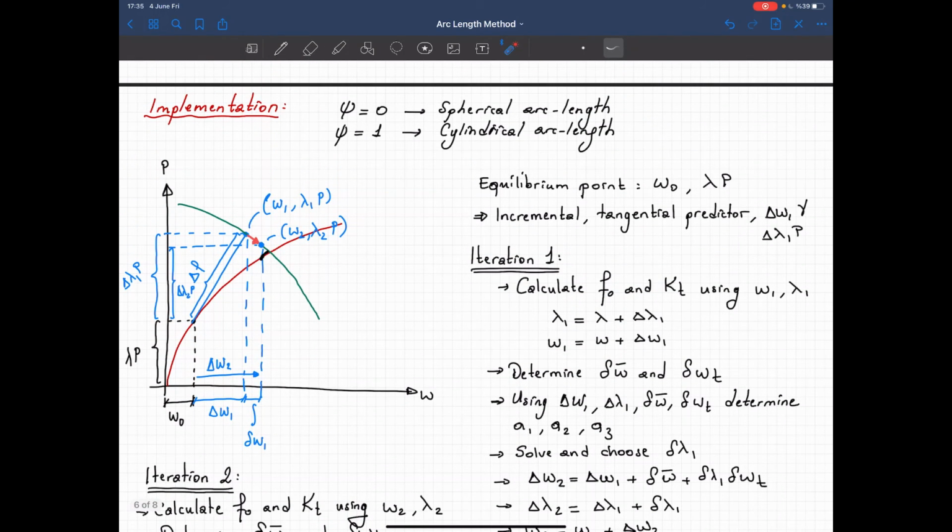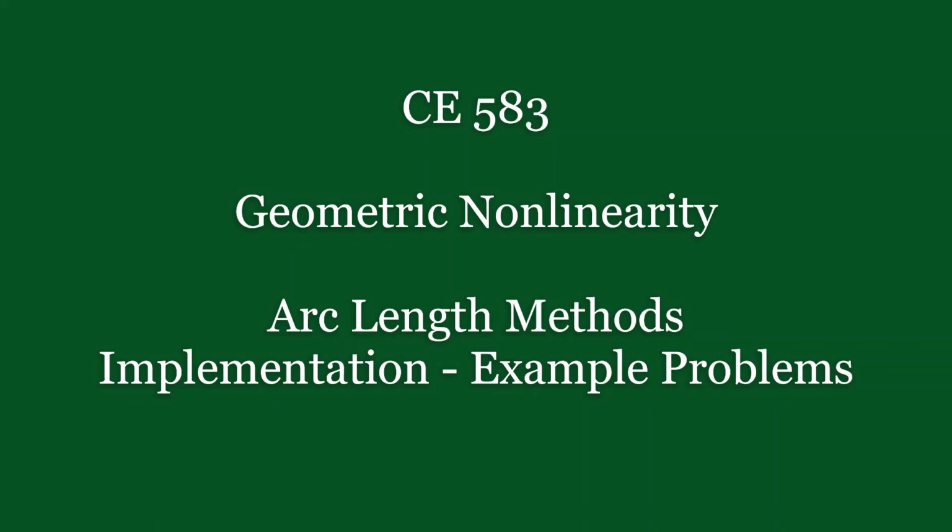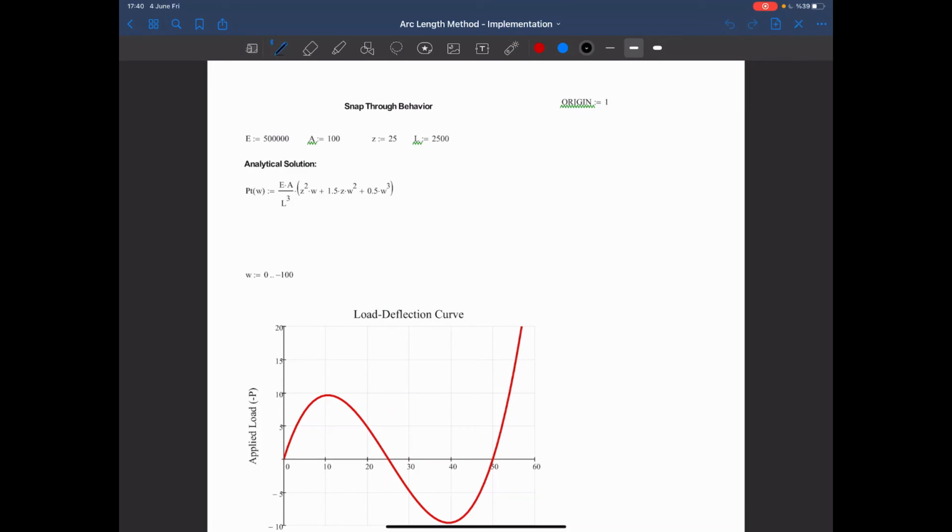Now let's take a look at the code and how this method behaves for this shallow truss problem. Now let's take a look at how this arc length method works. First, let's remember the problem that we are working on. This is our shallow truss. In that case, I will not use any springs to stabilize the system.